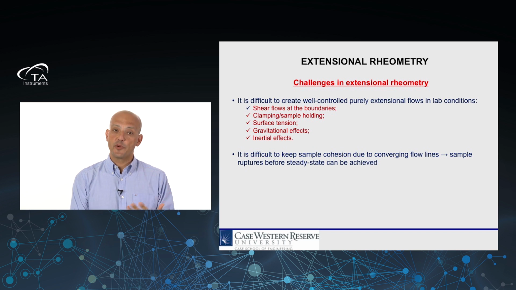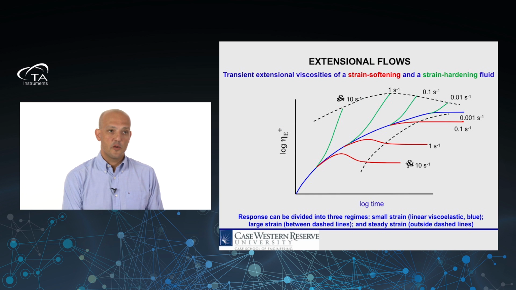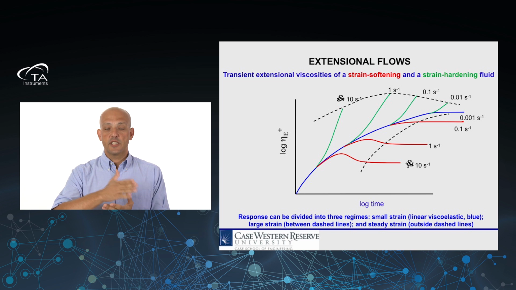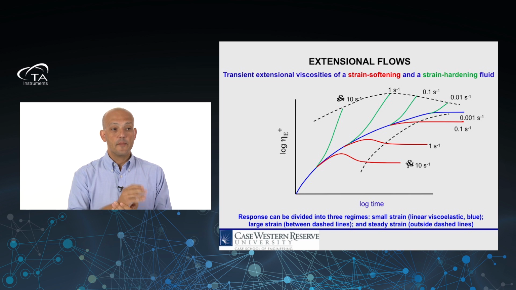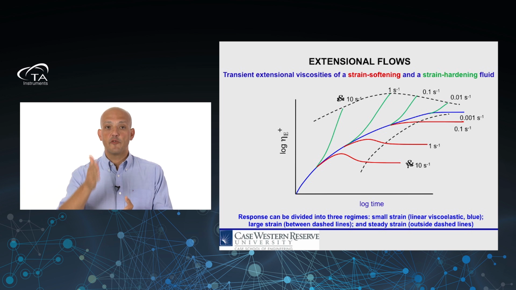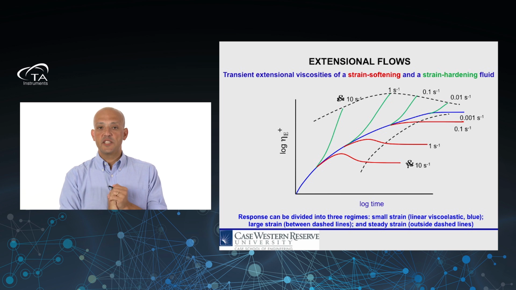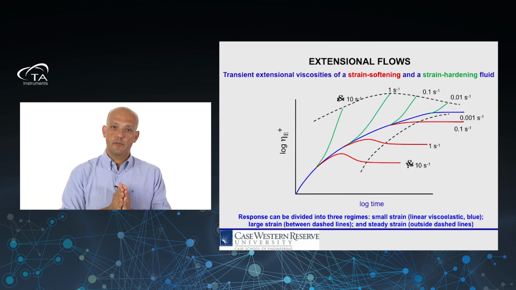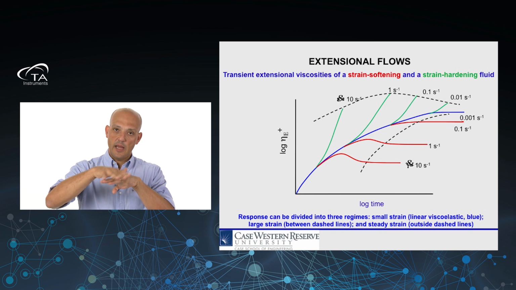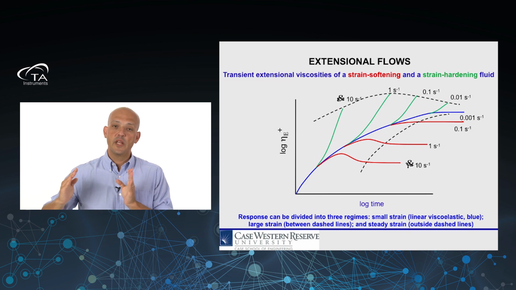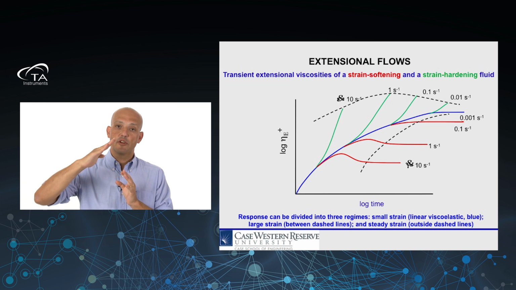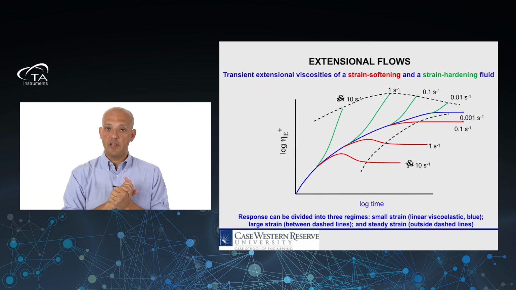So how do we interpret these transient curves? Well, as I said, we plot the viscosity, the extensional viscosity or the extensional stress as a function of time for different strain rates. Okay? And in blue, you can see there what would happen to a Newtonian fluid. If you start applying a deformation to a Newtonian fluid, it will build up stress gradually, and eventually it will level out.